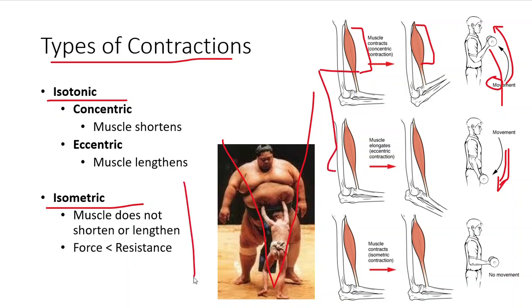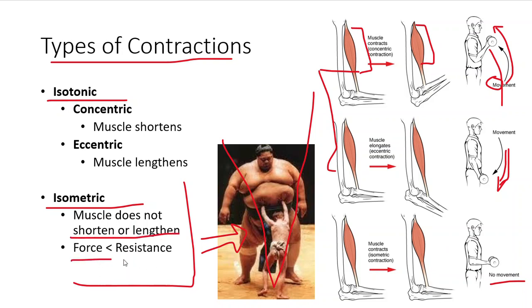Isometric, this is isometric. This guy is pushing as hard as he can, but he's not going to be able to do it. Isometric, you contract your muscle, but say this had too much weight on it, you can't move it. The muscle contracts, but it gets no shorter, does not shorten or lengthen.